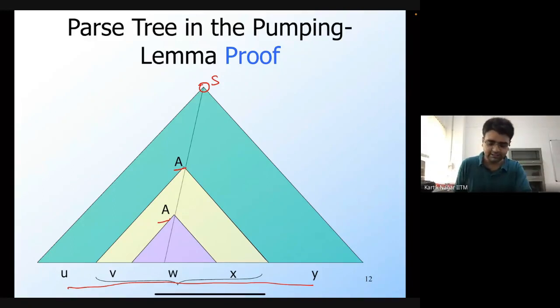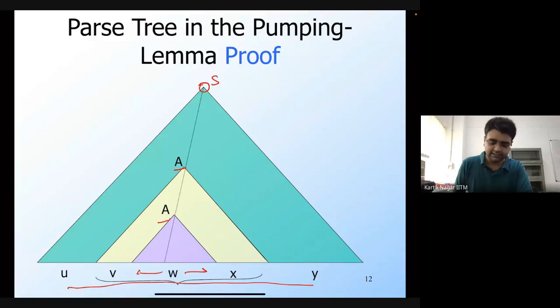I consider the string that I derived from A. So this W is the string that I have derived from the lower non-terminal A. Since A is present on the path, and at the end A is not present, I must have derived some string from A. Somehow I would have gotten rid of that A, and therefore I get this particular string W, which I have derived from A.